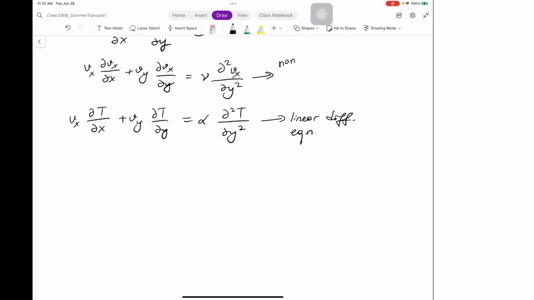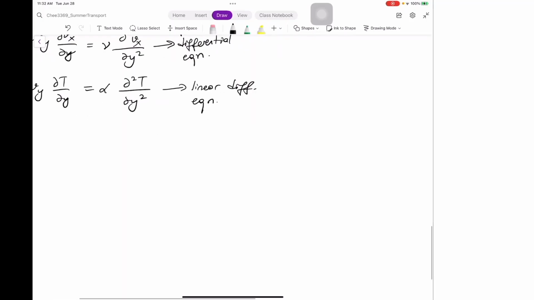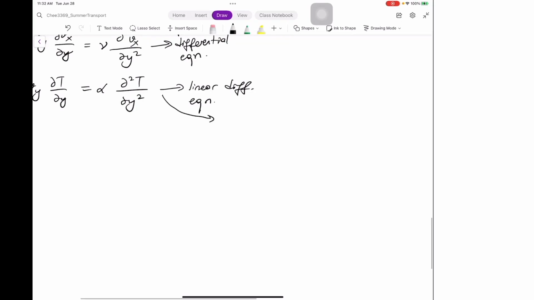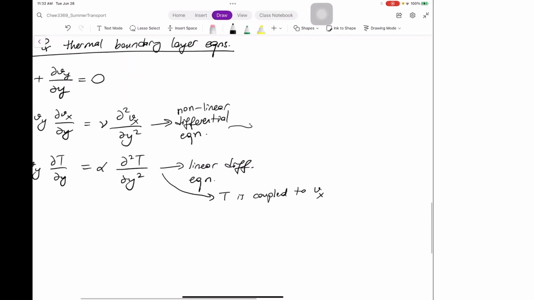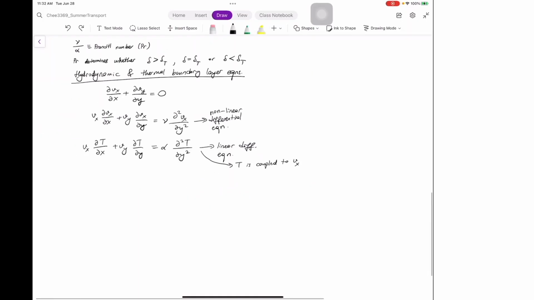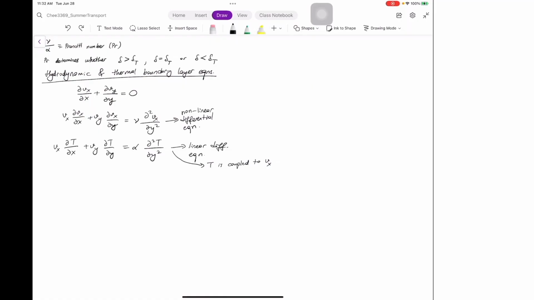That's one of the differences between the two. And also here, T is coupled to Vx, but Vx is not coupled to temperature. Okay, so those are the two differences between the two equations.